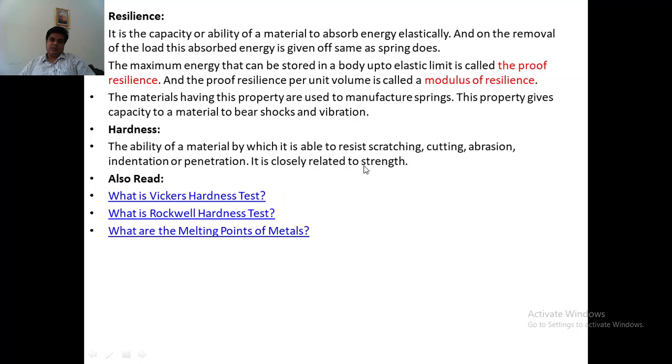And it is related to strength again: if the strength is more, hardness will be more. We have tests to find out how hard the material is, so we can measure hardness in terms of numbers. For that we have different machines or tests, for example Vickers hardness, Rockwell hardness. Depending on that, even the melting point of metals is related to the hardness of the material.